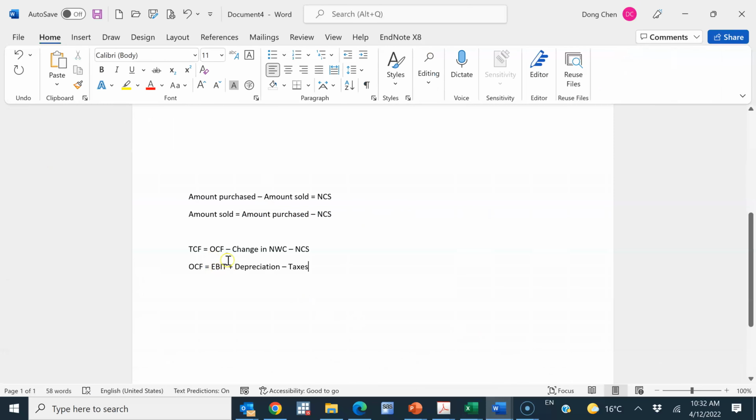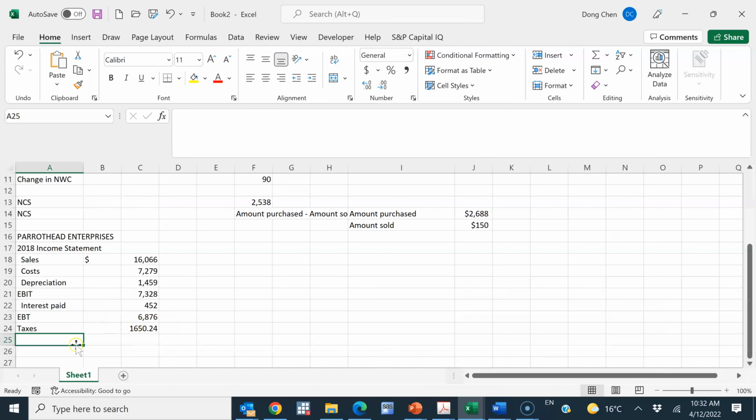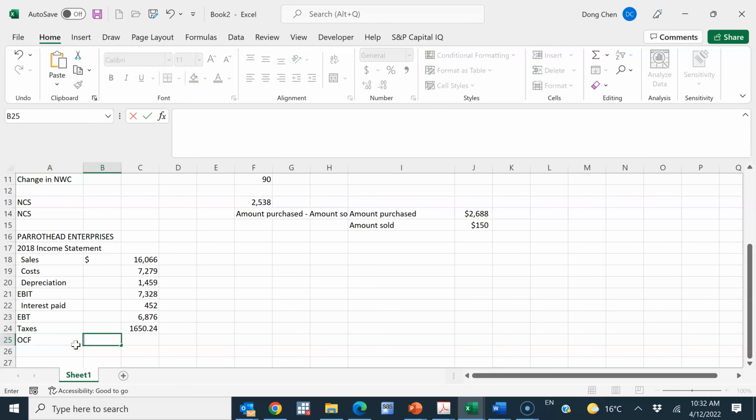I have the EBIT, the depreciation, and the taxes. So my OCF will be EBIT, add back depreciation, and subtract the taxes.